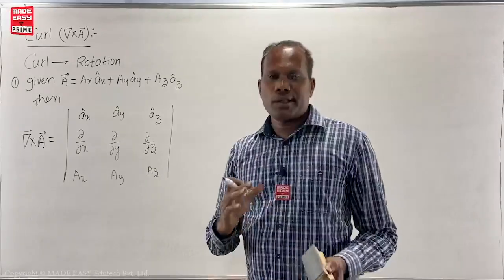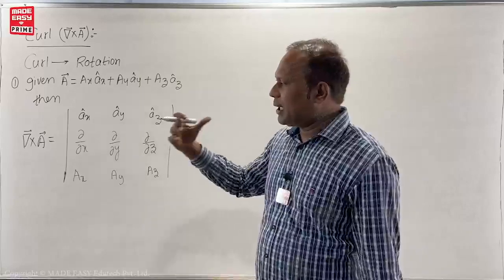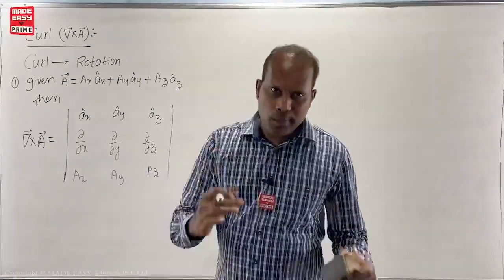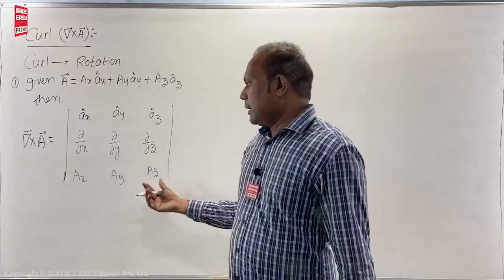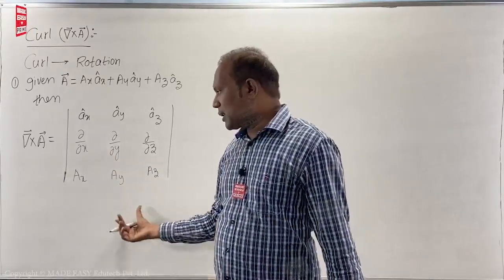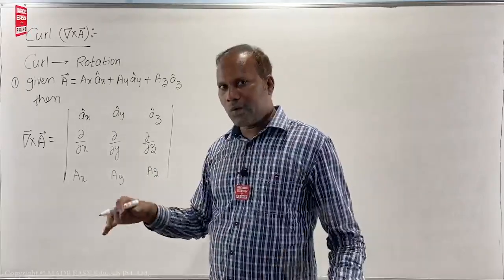Actually for the curl operation also there are derivations in mathematics. From that derivation you get one formula for del cross A. That formula is: you expand this determinant, then after expansion whatever you get is the formula you get after derivation.